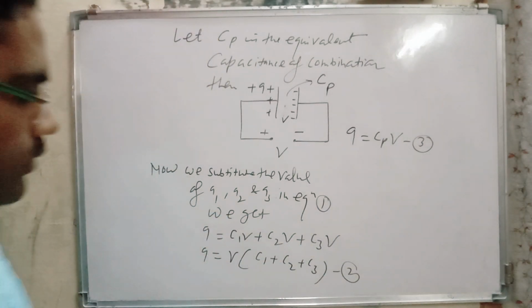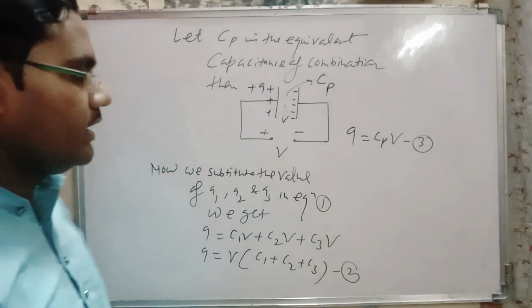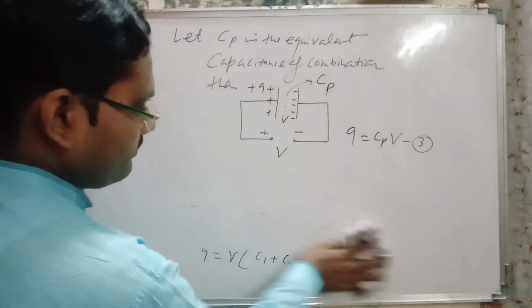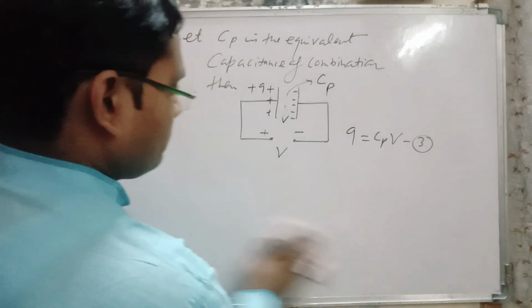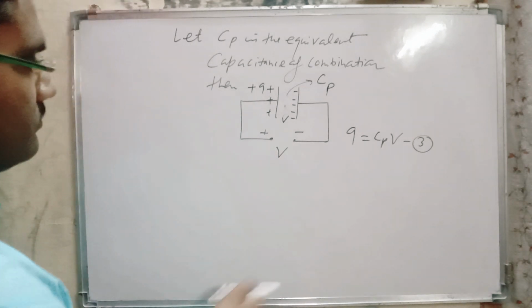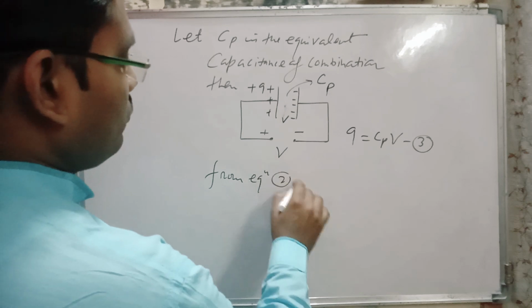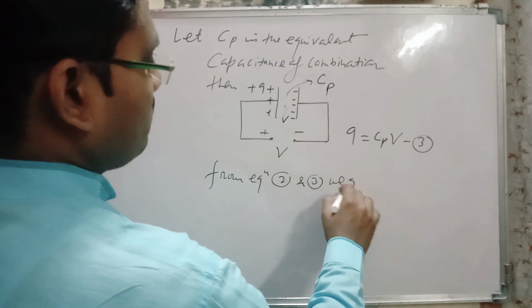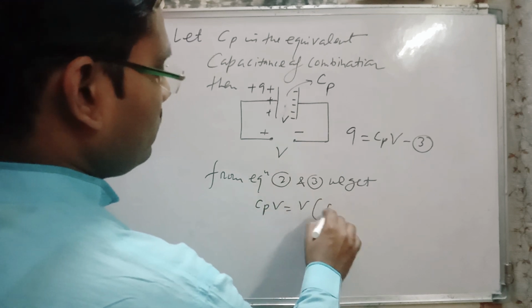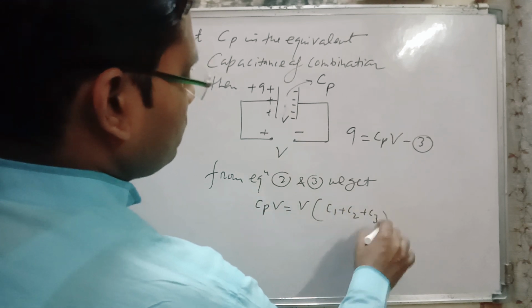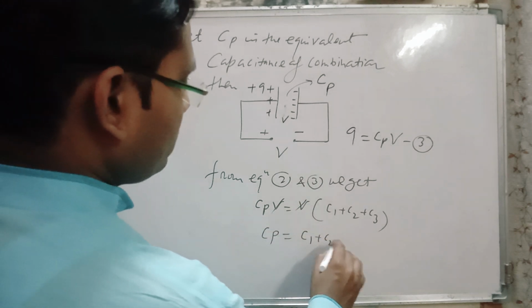Now we equate equation 2 and 3. We get CpV equals V times C1 plus C2 plus C3. V cancels, so Cp is equal to C1 plus C2 plus C3.